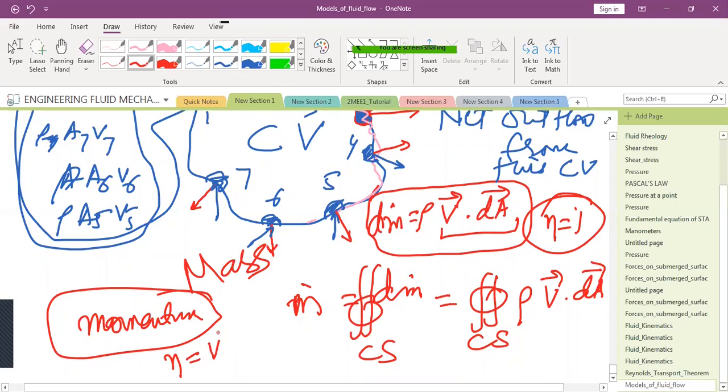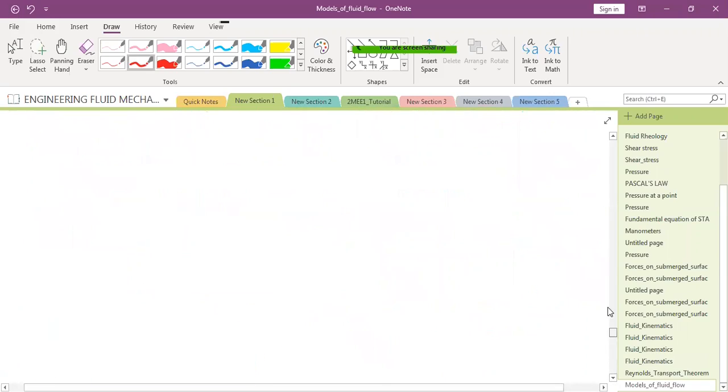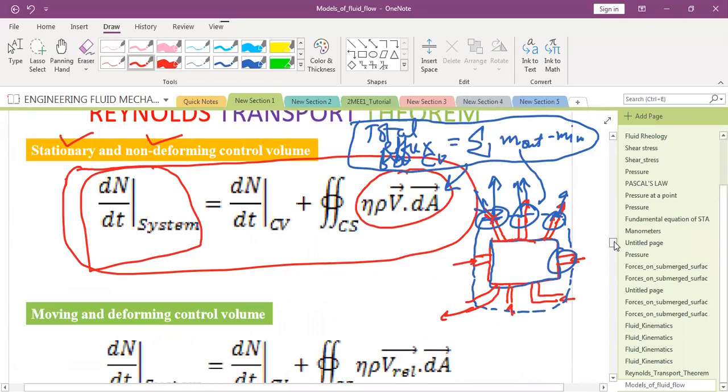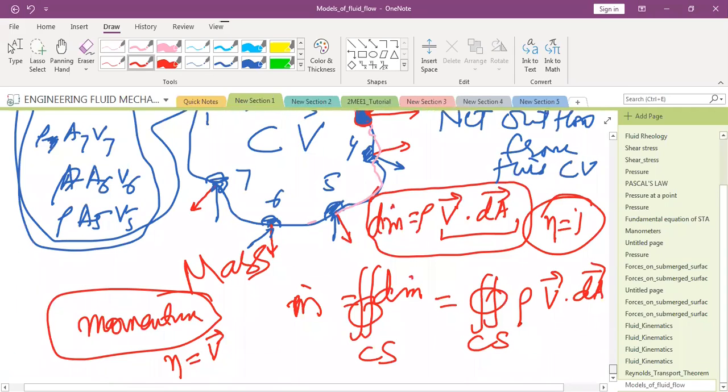V. So we have put here a generalized formula, that is there will be n also along with rho v dot dA. Because if it is momentum, this n will be v. If it is mass, it will be unity. If it is unity, then it becomes rho v dot dA, and that is what we have already derived here.